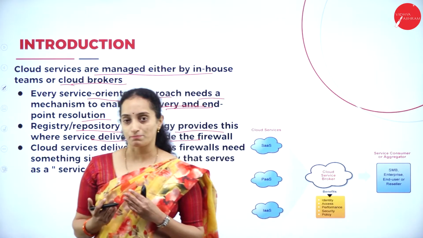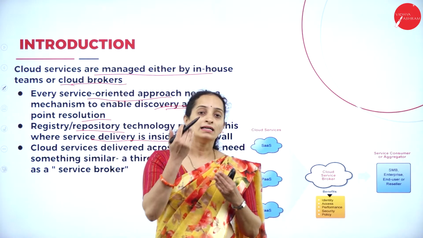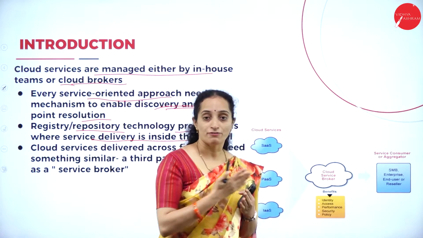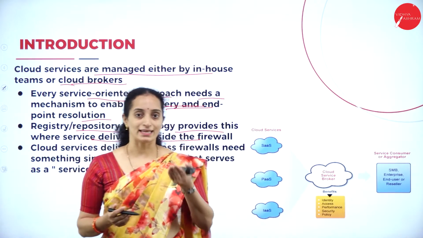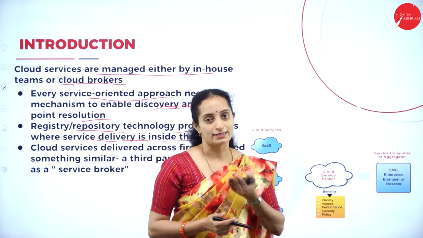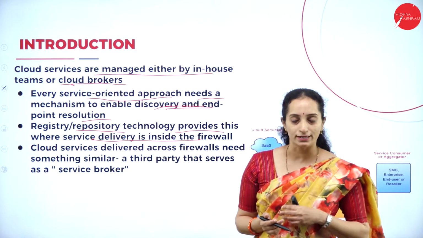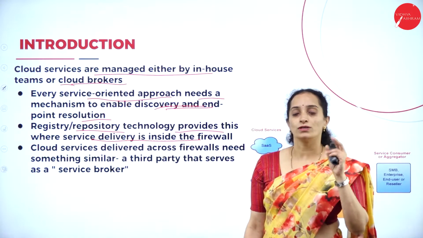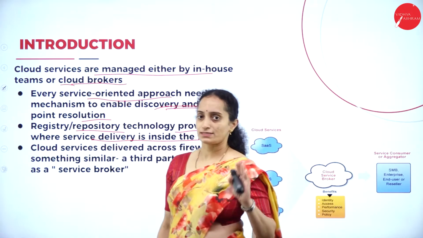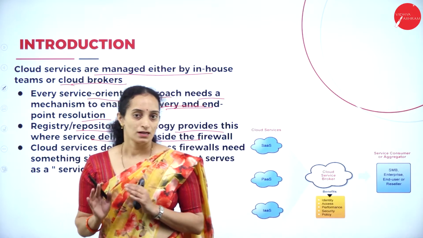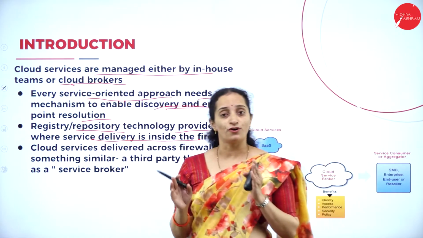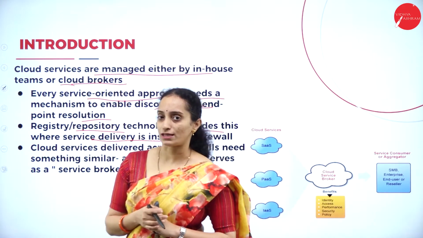The cloud broker will keep the list of the services that can be obtained from different clouds. He'll have a catalog or directory, whatever you call it, or a repository which provides you the different types of services provided by different cloud providers, so that you need not search too much for an efficient cloud service.